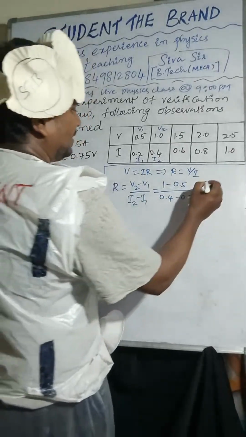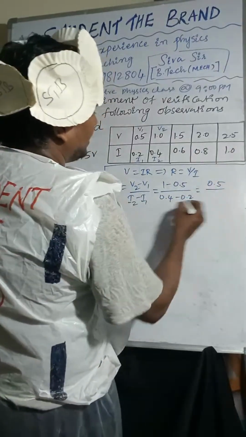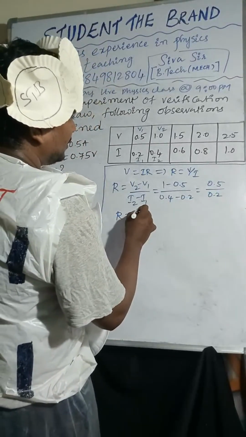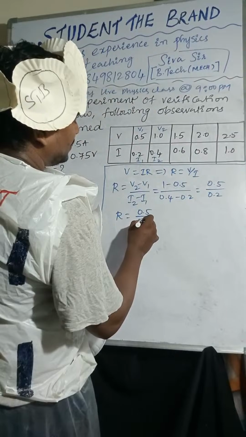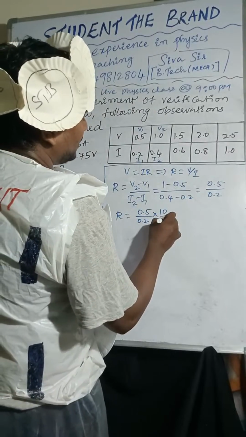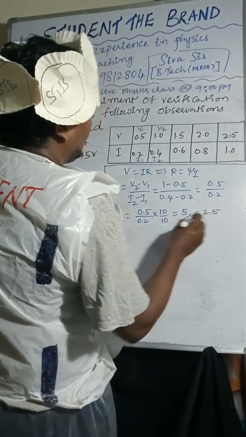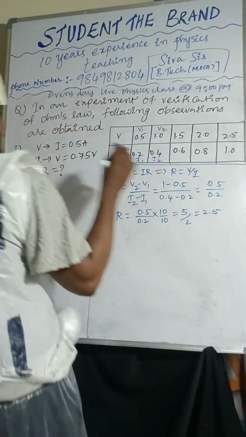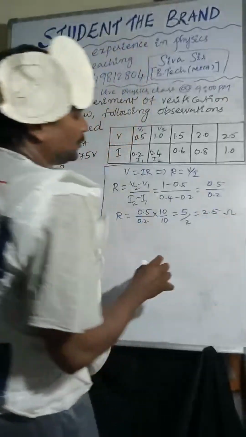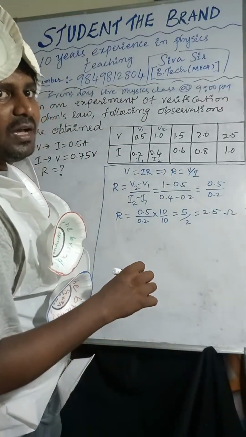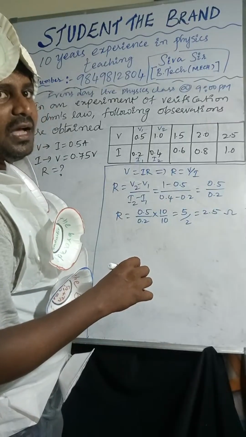So you'll get 0.5 by 0.2, multiplied by 10 by 10, which is 5 by 2, that is equal to 2.5. R equal to 2.5. Is it clear?